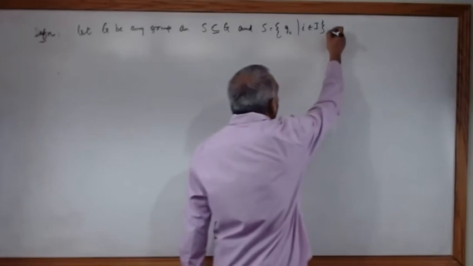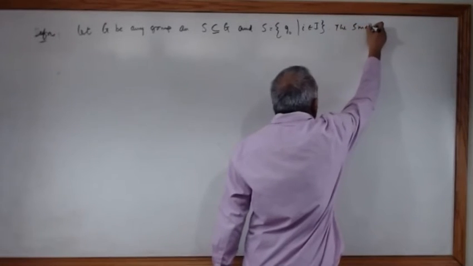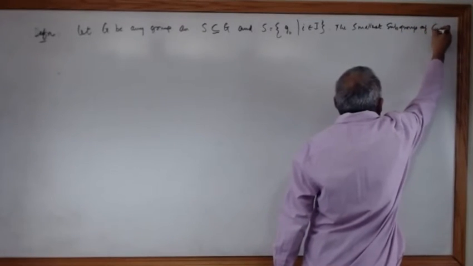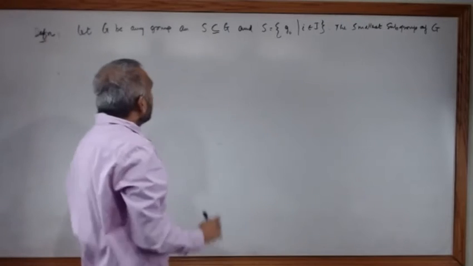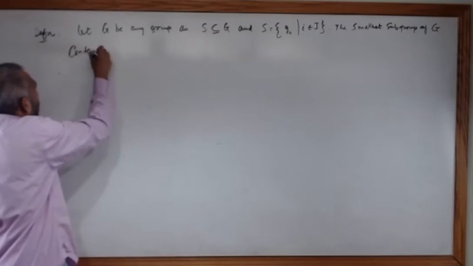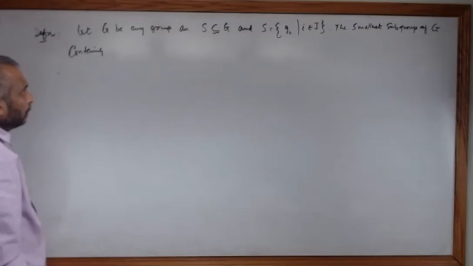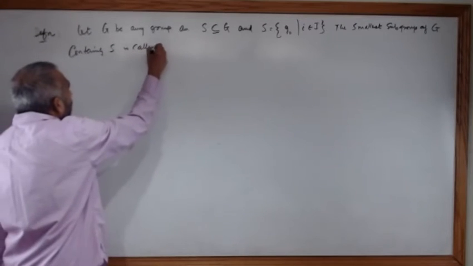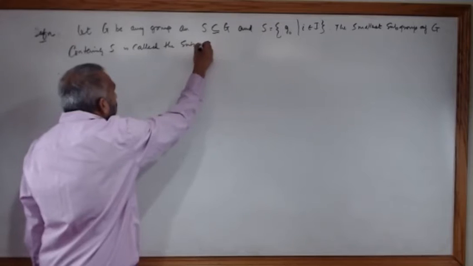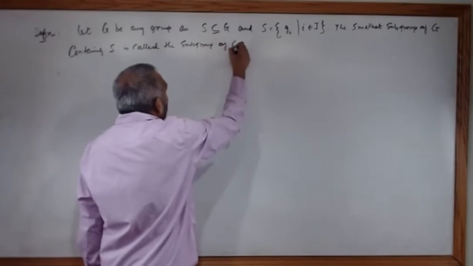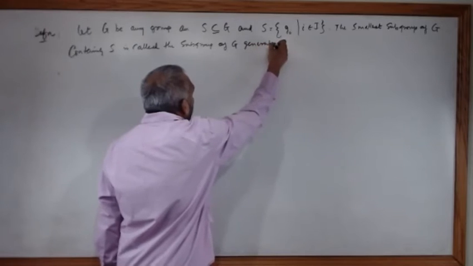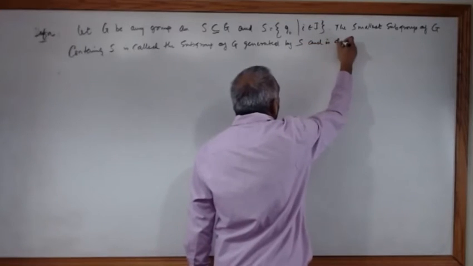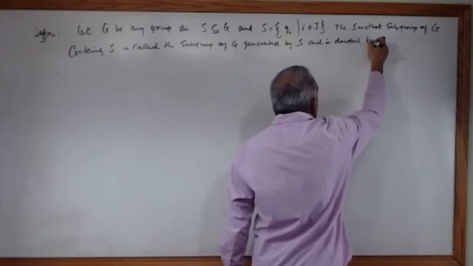Then the smallest subgroup of G containing S is called the subgroup of G generated by S and is denoted by angle brackets S.